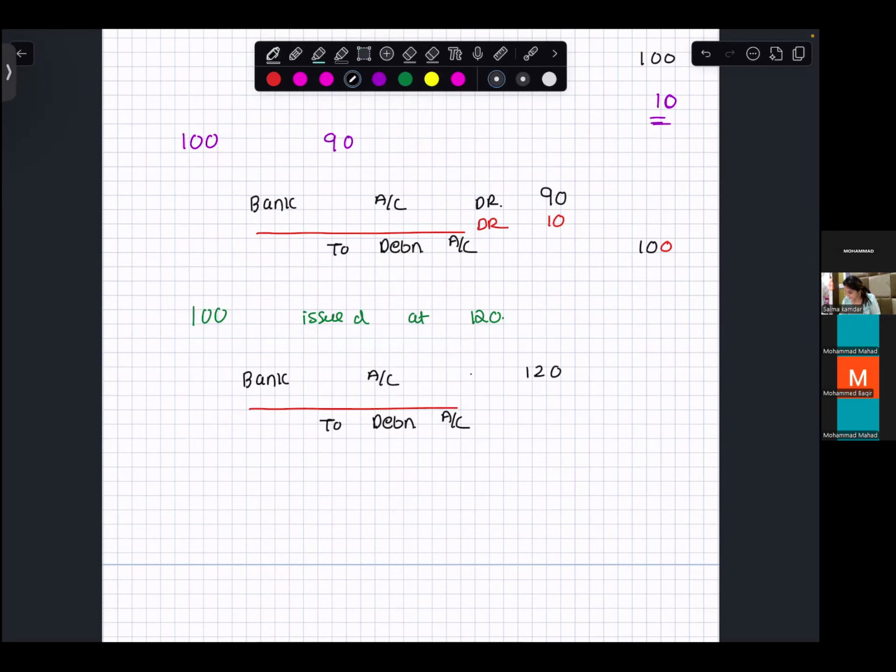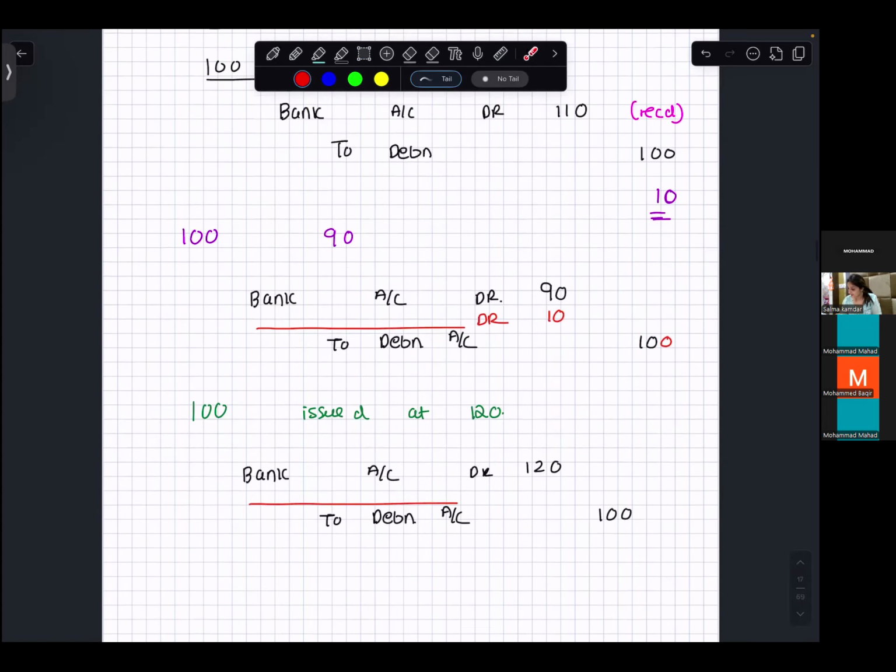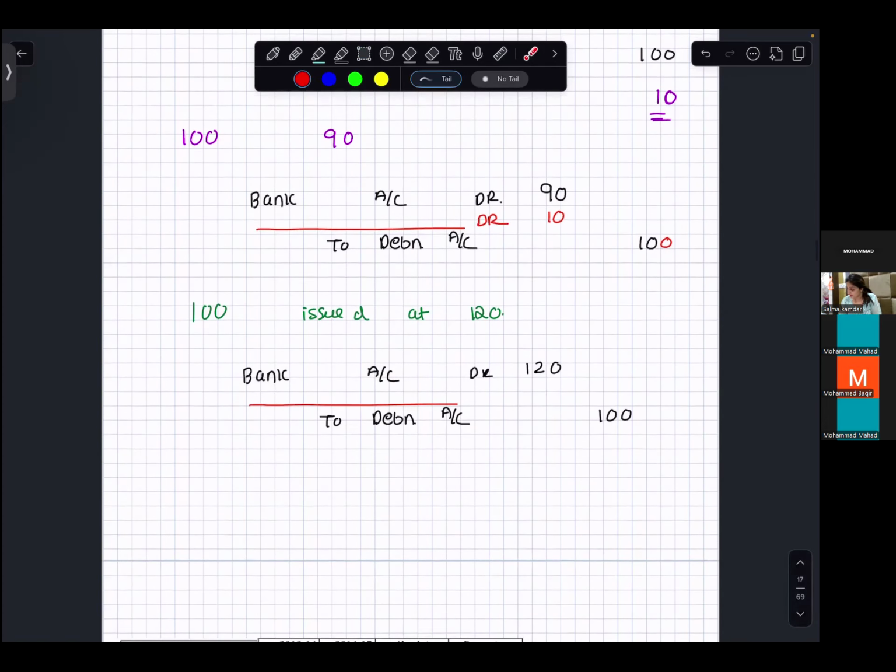The remaining balance of 20, debit or credit? It will go credit, because the bank is already on the debit with 120. This entry you will always pass to find out whether the remaining difference will be on the debit or credit. Then I'll teach you the trick of it also, but for now, you should know this.